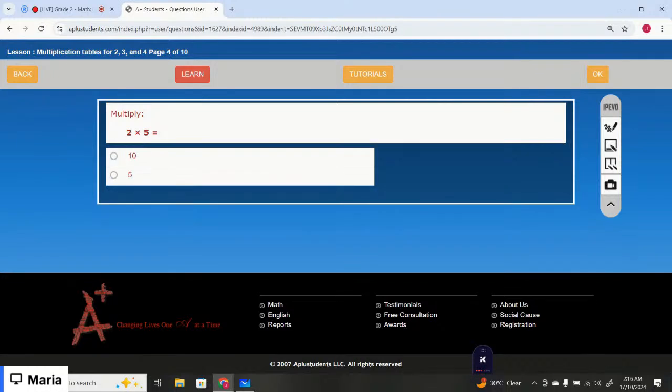The next one is 2 times 5, which is the correct option?